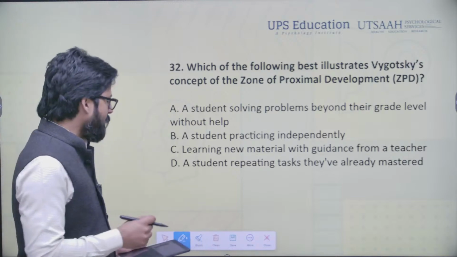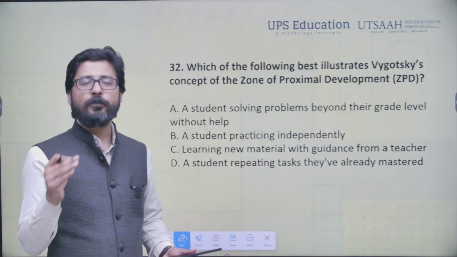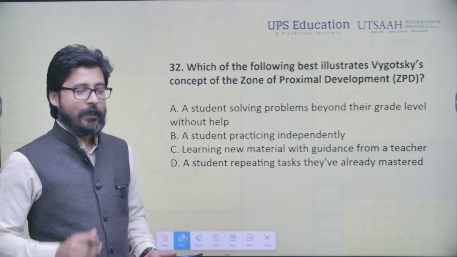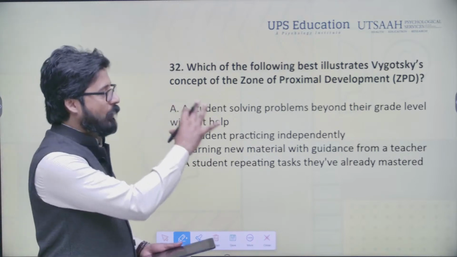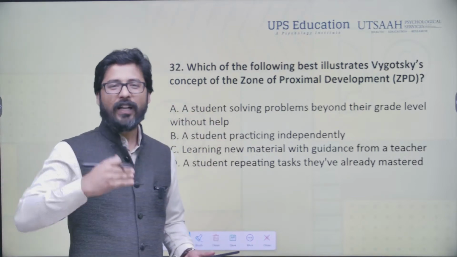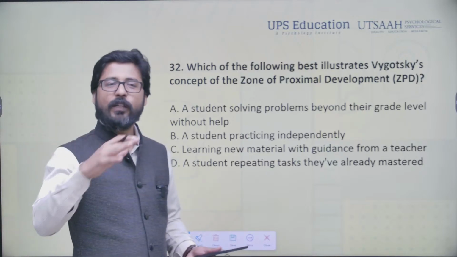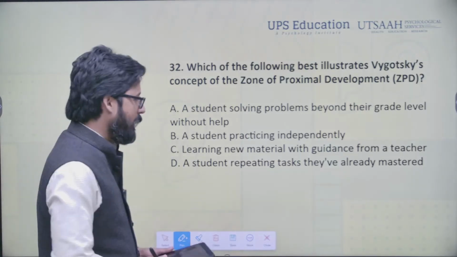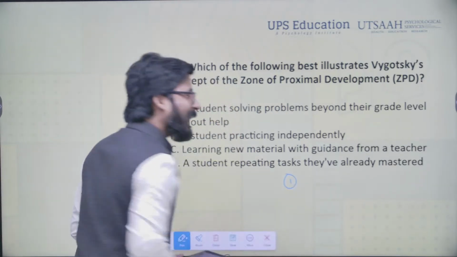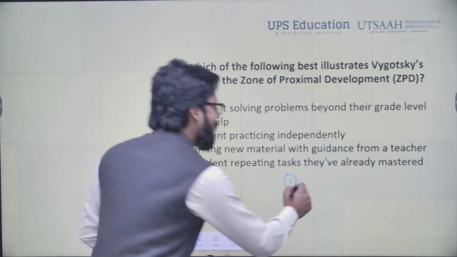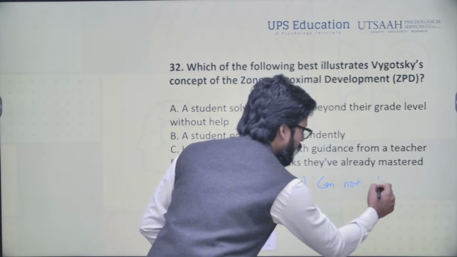If you are aware of the zone of proximal development, we can divide it into two parts. But to understand the types of development according to Vygotsky, we have to understand what kind of thought process emerges and develops in the developmental age of a child. There are three different types of thought process. The first thought a child has in the beginning is, I cannot do.